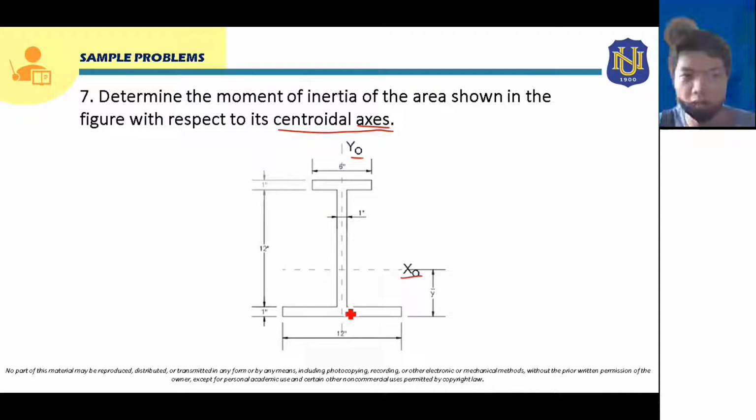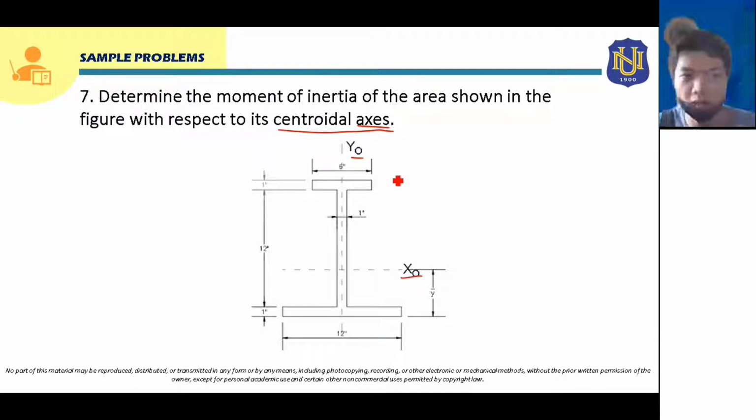Okay, but as you can see here, class, this is not symmetrical vertically, right? This is not symmetrical vertically because at the top, this part of the area is much shorter than the rectangle at the bottom.